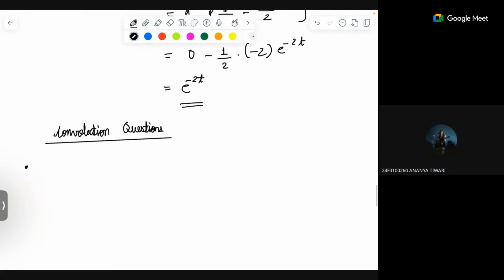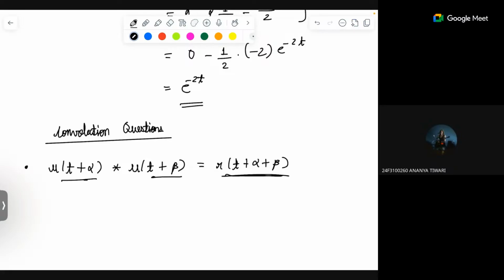The first one: u of t is the unit step signal, and t plus alpha means it is shifted by alpha. When u of t plus alpha is convolved with u of t plus beta, you get r of t plus alpha plus beta. r of t is the unit ramp signal. So alpha and beta will add up, and this is what we will get.